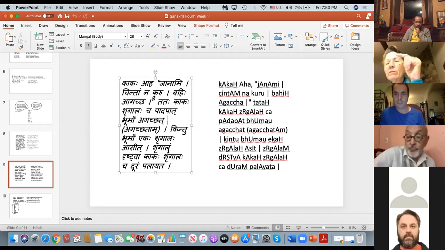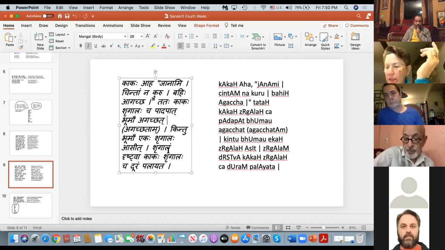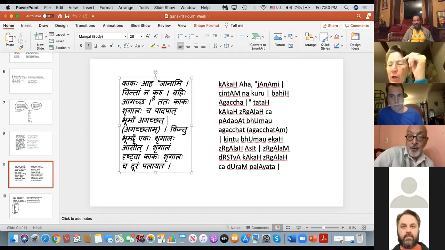But logically, I'm confused: how did the jackal get up in the tree? No, the jackal is on the ground. But the sentence before said the crow and the jackal came from the tree to the ground. Oh, yeah, you are right.